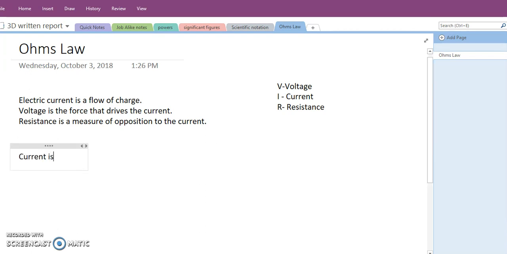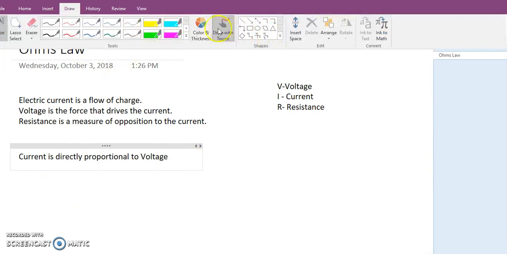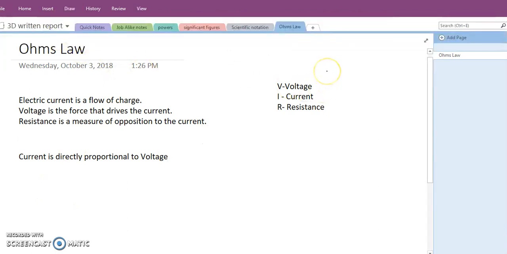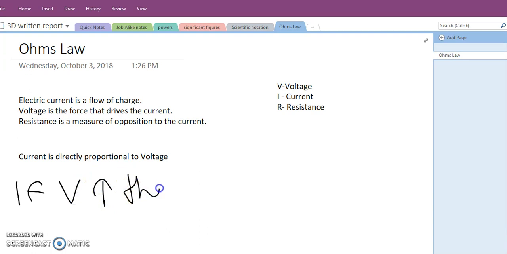So this is how this looks. Current is directly proportional to voltage. In other words, what does this really mean? This means that if voltage goes up, then current also has to go up. This is what it means.